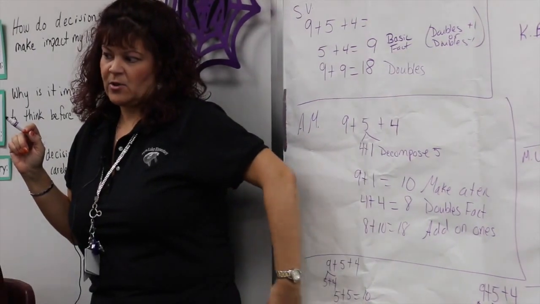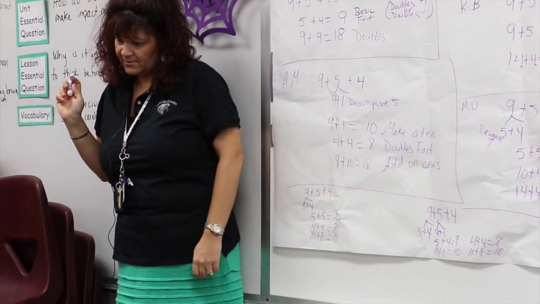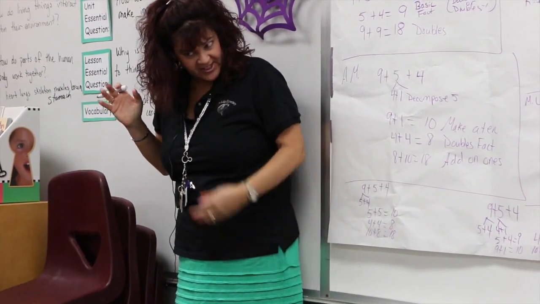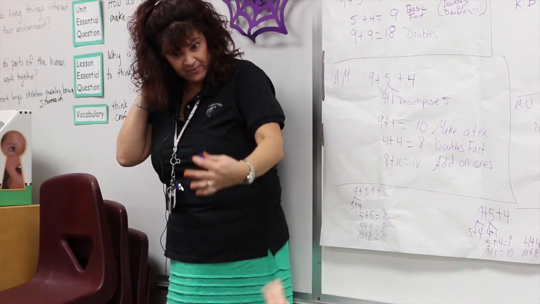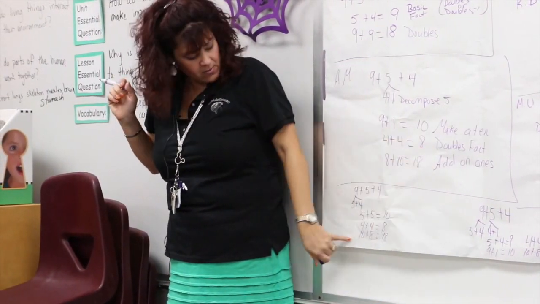So how did decomposing this get me to all here? What did you notice? I'll give you a minute to look at it. Because I think that was some of the ideas that we were getting from here. We have some wonderful ideas with those double facts. Take a look down here.